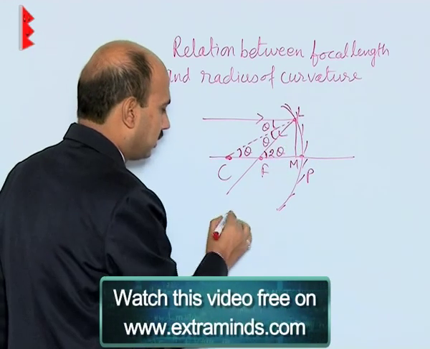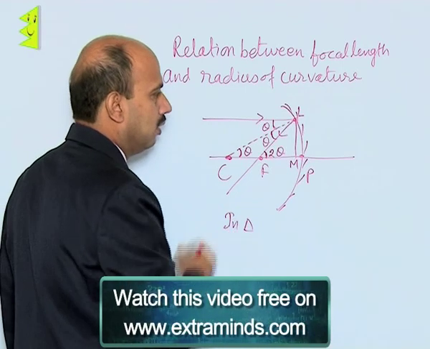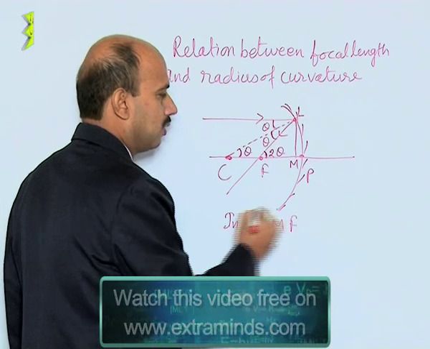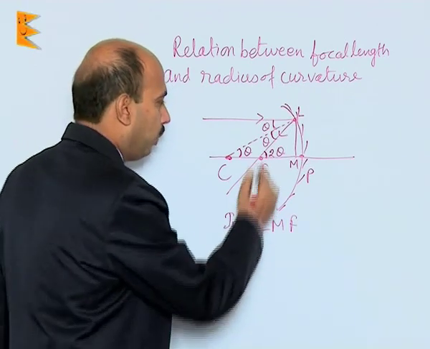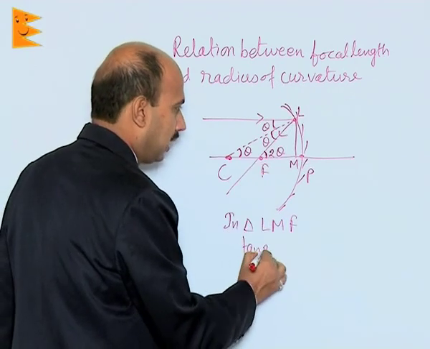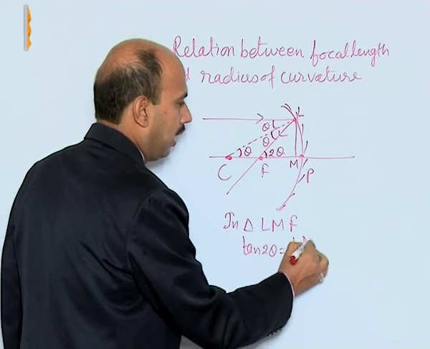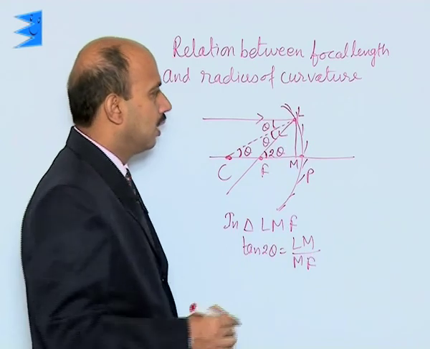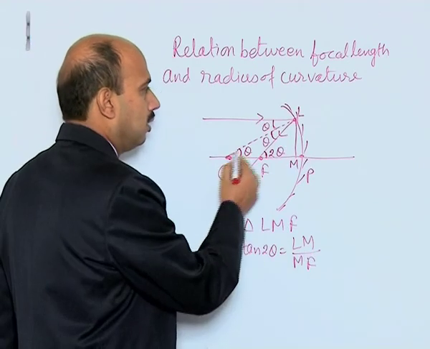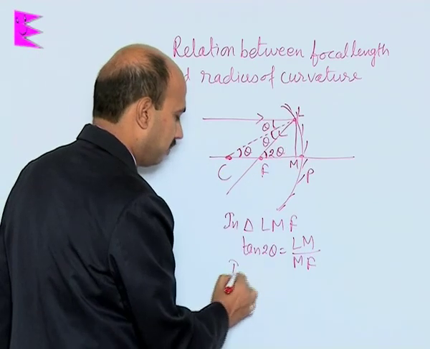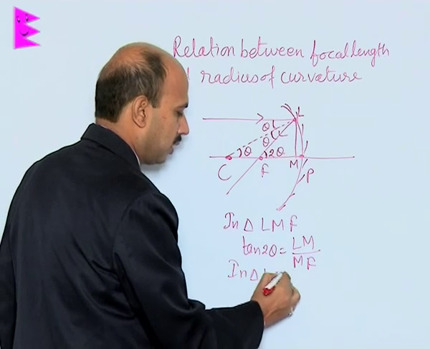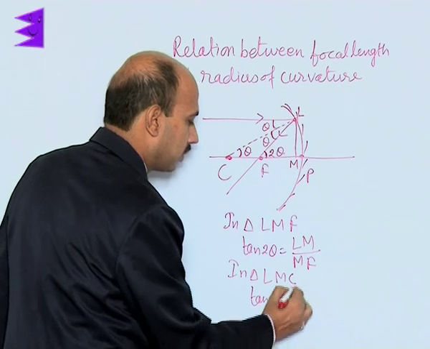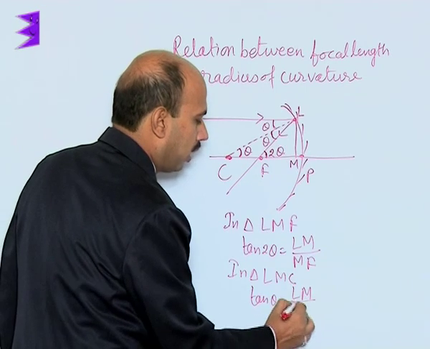Now, first we take triangle LMF, a right angle triangle. We can write tan 2 theta is equal to LM upon MF, and in triangle LMC we can write tan theta is equal to LM upon MC.